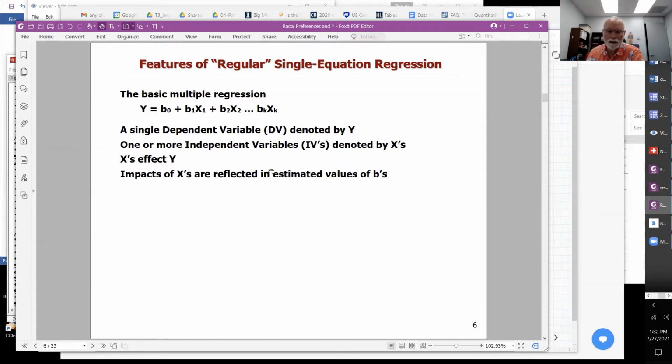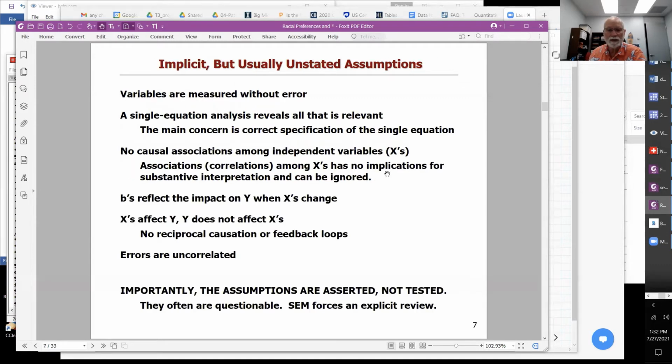But the general idea would apply to logit regression, multinomial logit regression with categorical dependent variables. It could apply to count regression and a wide variety of single equation methods, which have different kinds of dependent variables and various kinds of X variables. It's all still a single equation analysis.